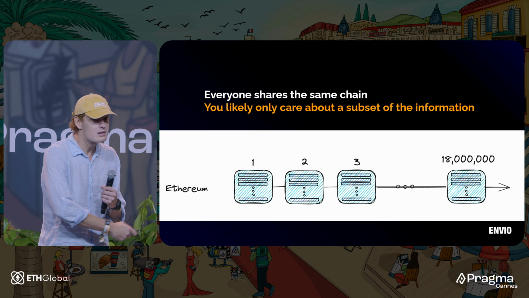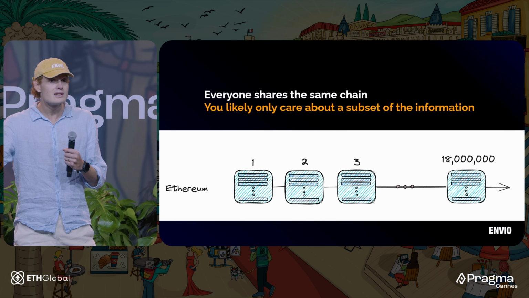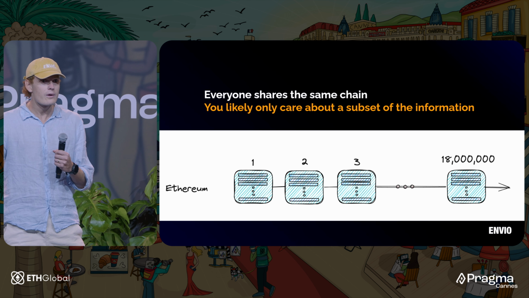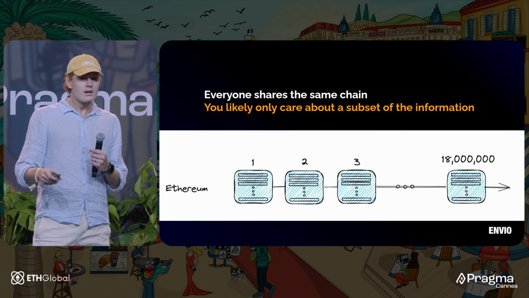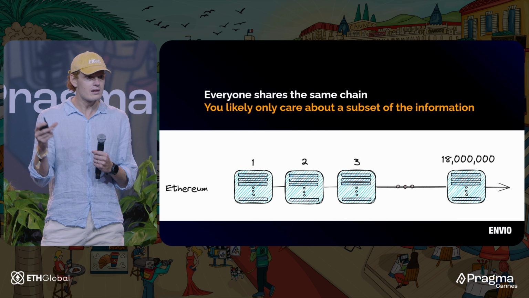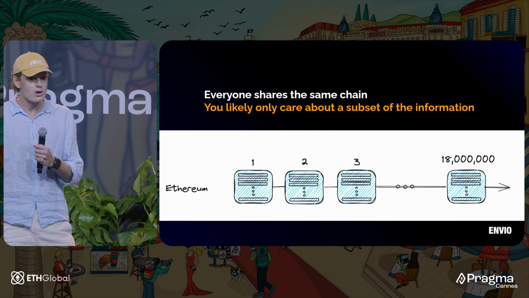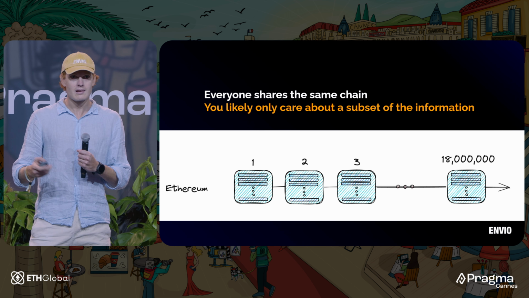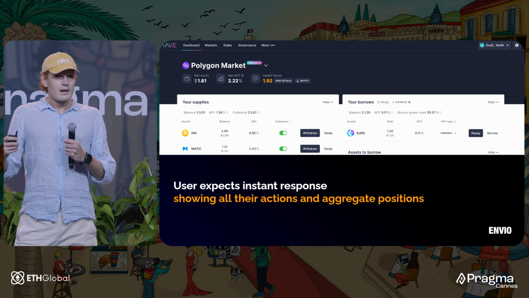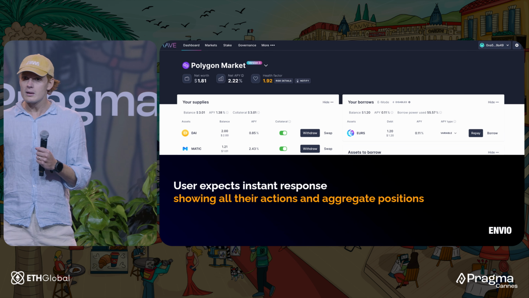Your information is interspersed with millions of other meme coin mints and stable coin transfers, and very likely you actually only care about a subset of that information. That's what you want to show, that's what you want to understand, and that's what you want to broadcast to your users.